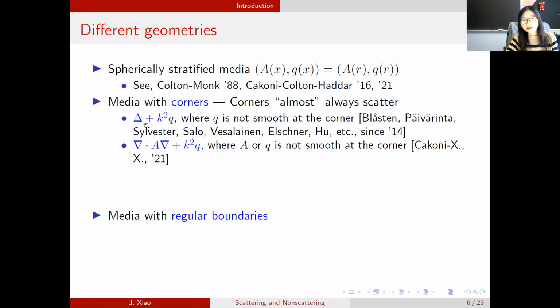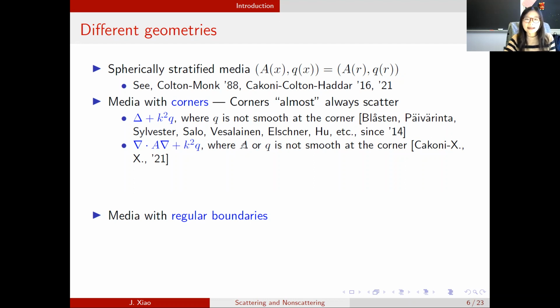But there is another interesting case, when there is a divergence operator, say when we have two different materials. Q, for example, is related to the density of the media, and A represents the material property itself, say two different kinds of media.